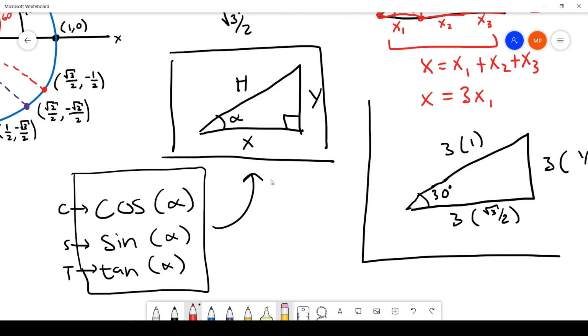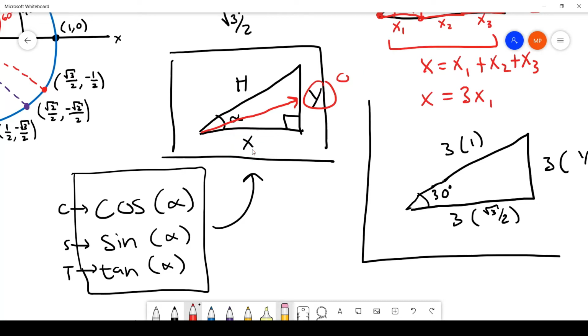However, looking at this angle here, we can see that the opposite side, the side directly across from this angle, in this case, if alpha is defined to be on this angle, our opposite is going to be y. And then our adjacent, the side that is not the hypotenuse but is connected with that angle, is going to be x.